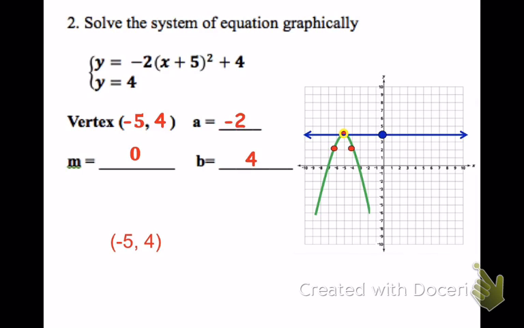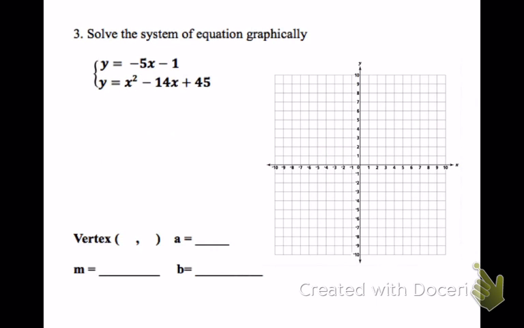Let's go to problem number 3. Pause the video if necessary. All right, we have a line and a quadratic, but it's in standard form, so I don't know what the vertex is unless I calculate it using my formula, -b over 2a. So x equals the negative of b. b is -14 over 2 times 1.